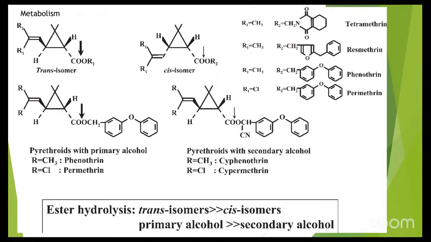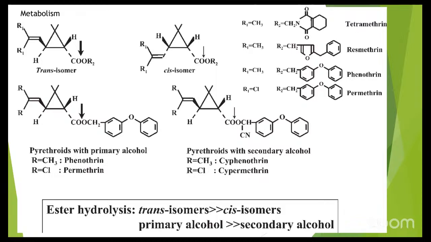Pyrethroids with the two gem dimethyl groups at the cyclopropane ring are metabolized slowly, at a rate similar to that of the cis chrysanthemic acid esters. Ester cleavage of the more stable cis chrysanthemates involves oxidation, and the introduction of an alpha-cyano group in 3-phenoxybenzyl alcohol esters decreases the rate of hydrolysis by esterases.